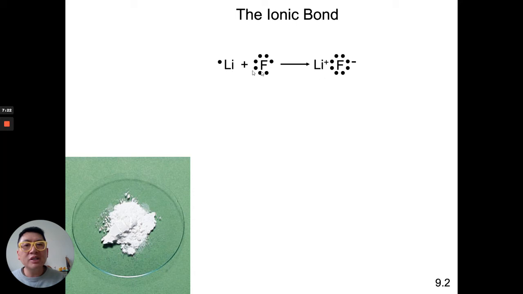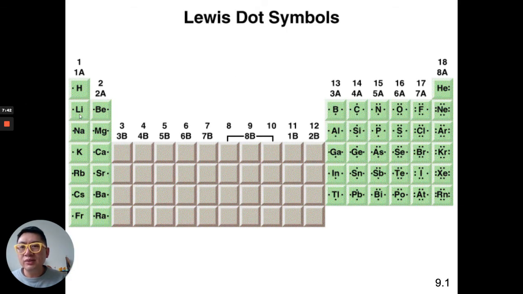Lithium loses an electron, becomes positive. Fluorine gains an electron to become negative. Now, why is that? Why would lithium lose an electron and fluorine gain an electron? Well, the electron configuration of lithium is this: 1s2, 2s1. That is regular lithium. Regular lithium is right here, 1s2. This is the 2s level, 2s1.